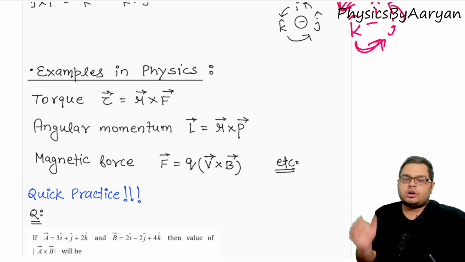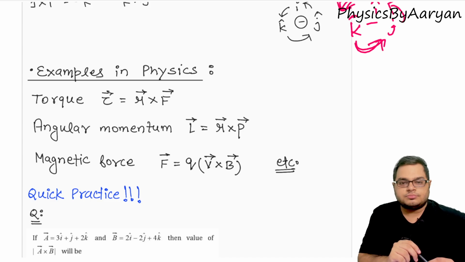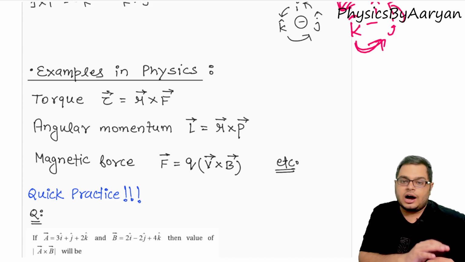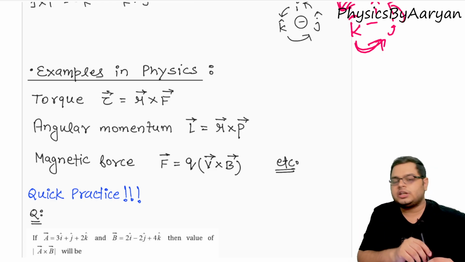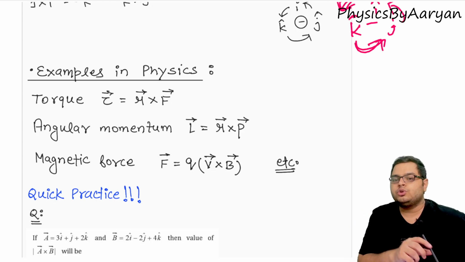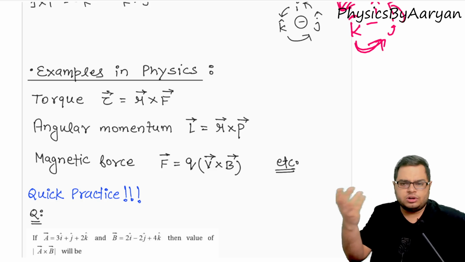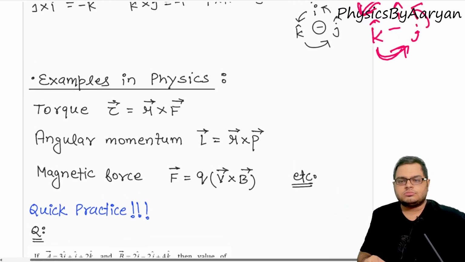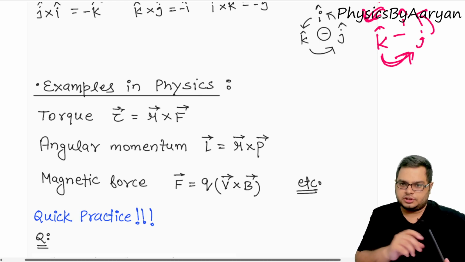So torque is given as r cross F. Angular momentum L is given as r cross p, where r is a position vector and p is the linear momentum. And magnetic force is q v cross B. All of these formulas you might have seen somewhere in your physics career. So this is where we see the cross product.